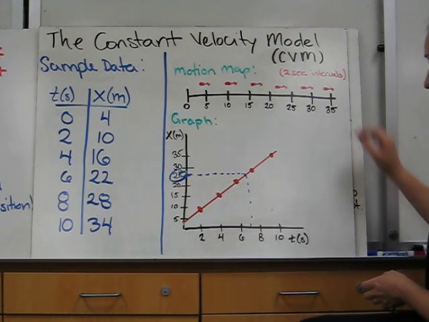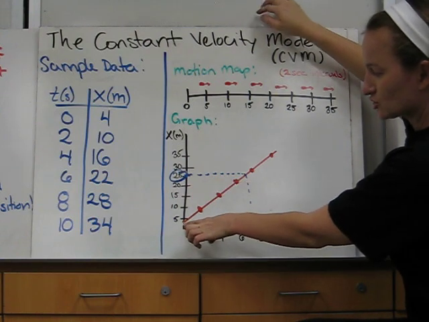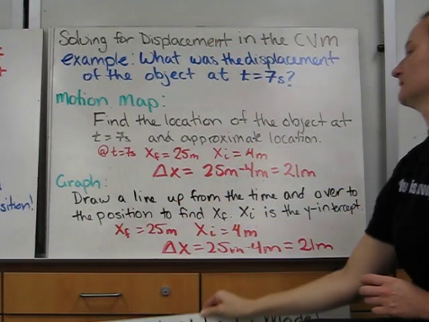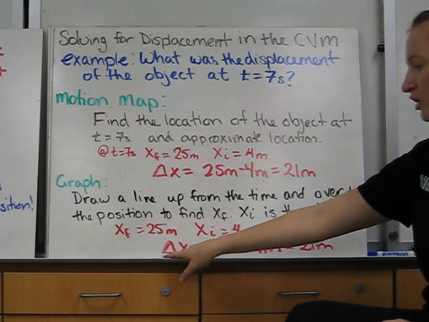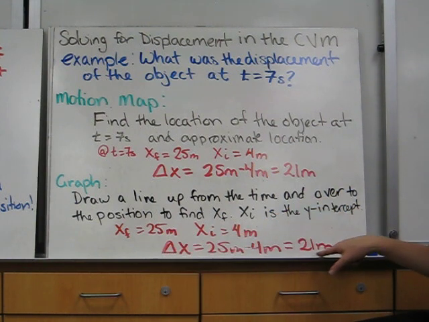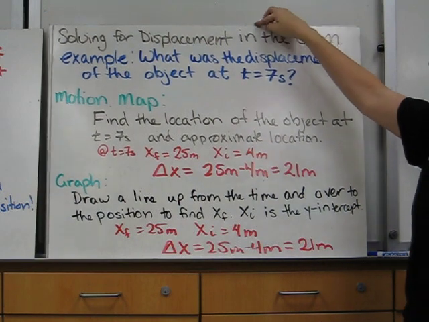So the final position at 7 seconds is 25, and the initial position is that y-intercept, which is 4. So final is 25, initial is 4, so the total change in position is 25 meters minus the 4 meters, gives us a change of 21 meters.